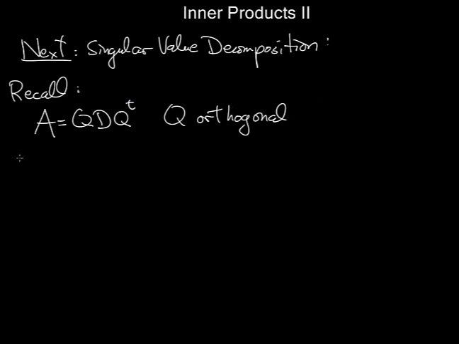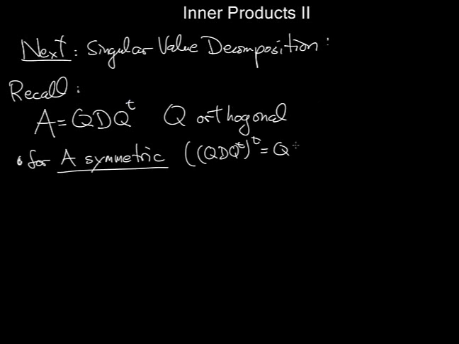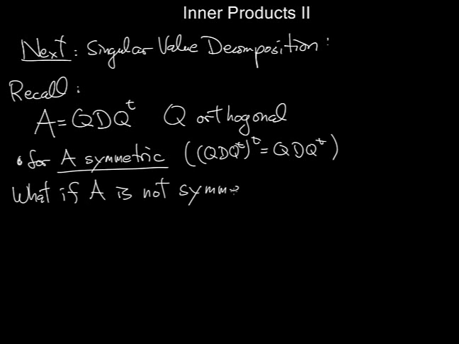Now, of course, you can only do this if A is symmetric, because the matrix QDQ transpose, if you take its transpose, is automatically symmetric. And we know that if A is symmetric, it has a decomposition like this. And the question is: is there an analog of this for non-symmetric matrices?